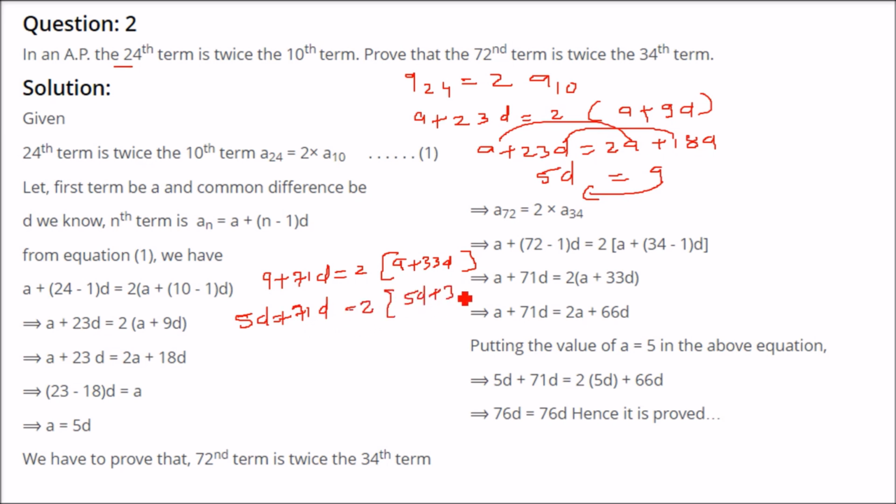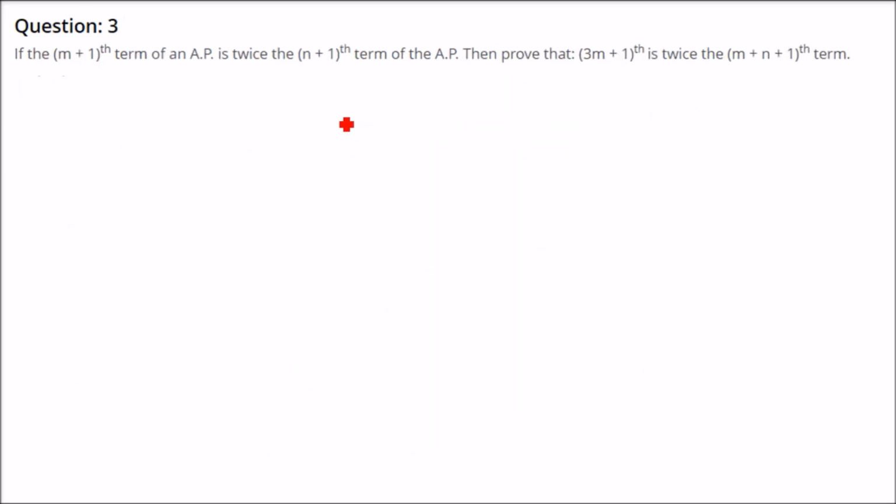This is twice a, which is 5d, plus 33d. What is this? 71 plus 5 is 76d. And on the other side, 33 plus 5 is 38, hmm, 38 into 2 is 76. So when these two are equal, that means when we applied this, we got these two. This is actually twice of this, because the left hand side and right hand side are equal. So hence proved.